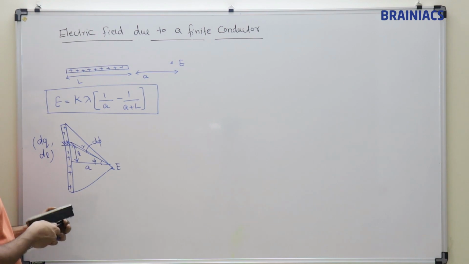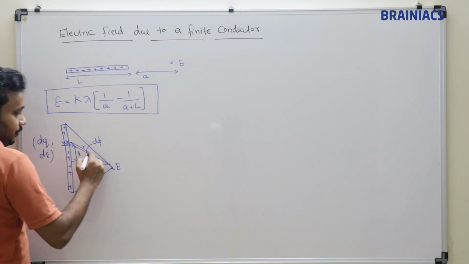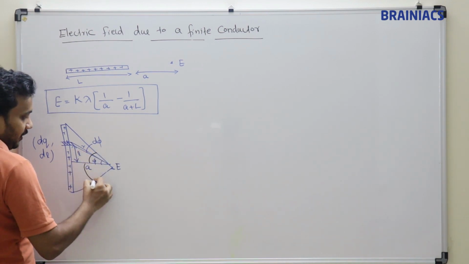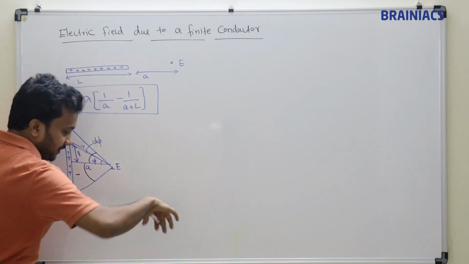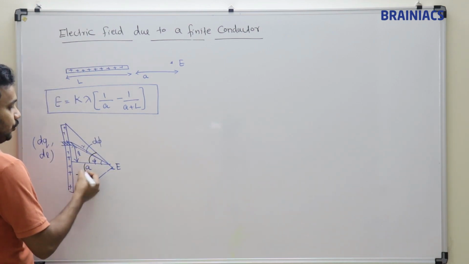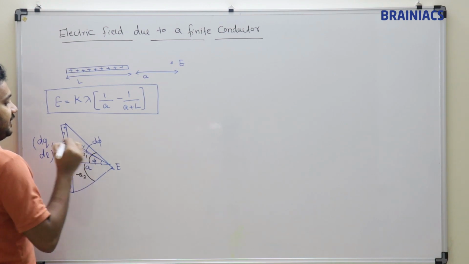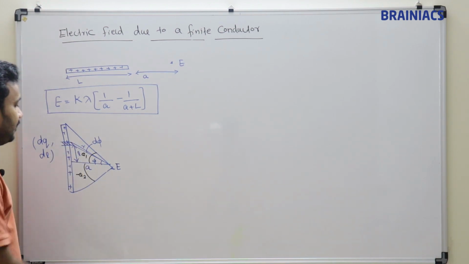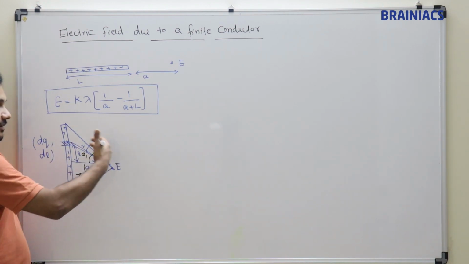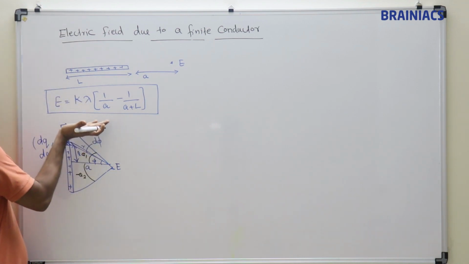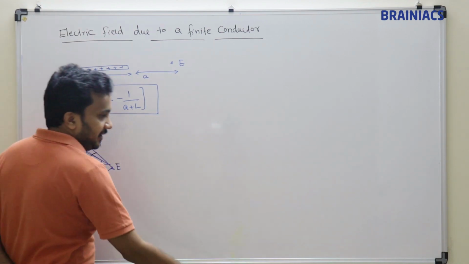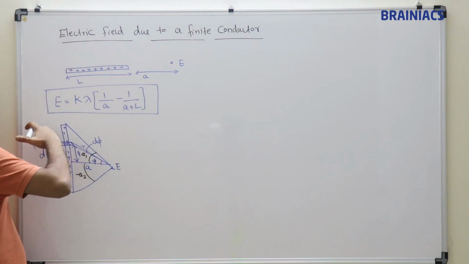We have an upper triangle and a lower triangle. For the lower triangle, downside, minus theta 2, and upside, plus theta 1. Why I am taking minus theta 2 is because everything down is negative, everything up is positive, everything right is positive, everything left is negative.